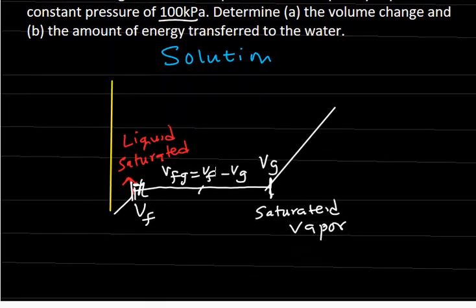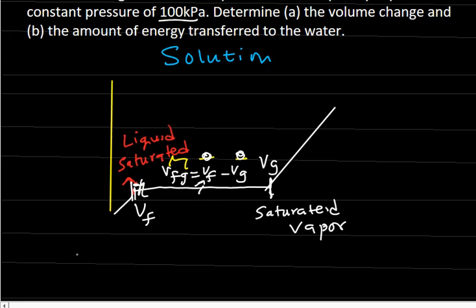A part of the question, the volume change. The volume change is Vfg. We read it from the property table. But the volume change is given as Vfg, which is Vf minus Vg, the volume of the saturated liquid minus the volume of the vapor that is actually formed.